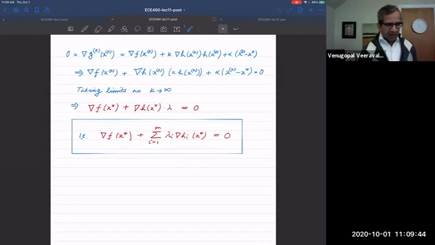That's how we'll establish second order necessary and sufficient conditions. So are we all ready to go to today's lecture? All right.